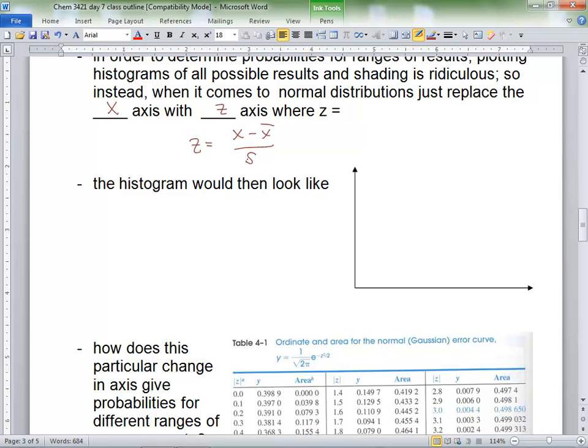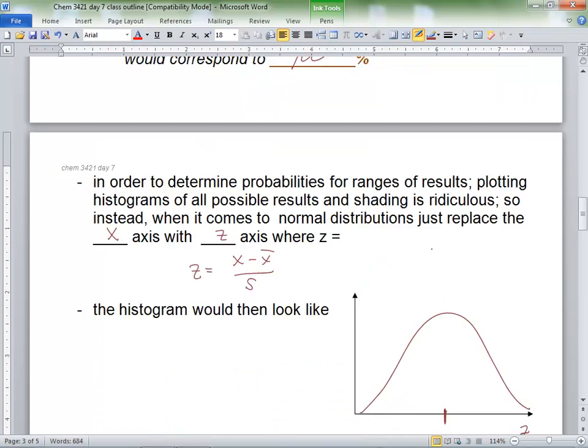Then the histogram would look like this, so we're just changing the x-axis. This is now z. It's not going to change its shape. But now this center is what number? What is that center right now? At that center, x was what previously?